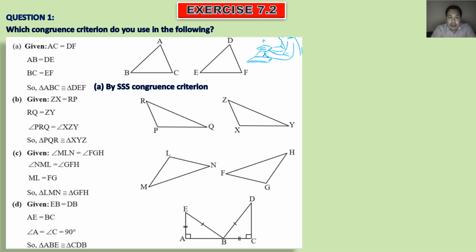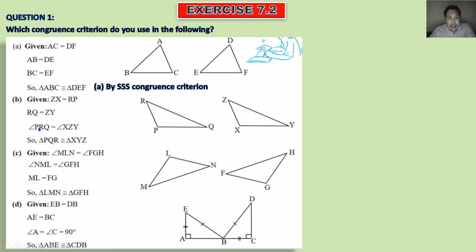Okay, then next B, we have two triangles here, triangle PQR and triangle XYZ. In these two triangles, it's given that ZX and RP are equal, and RQ is equal to ZY.